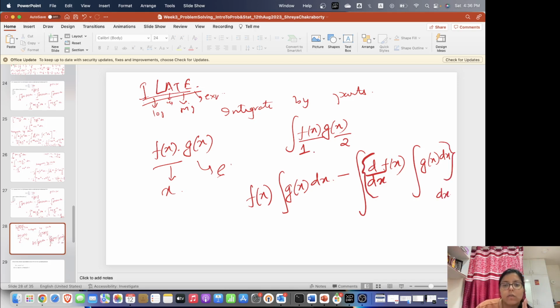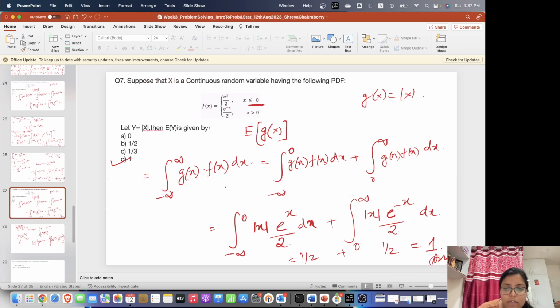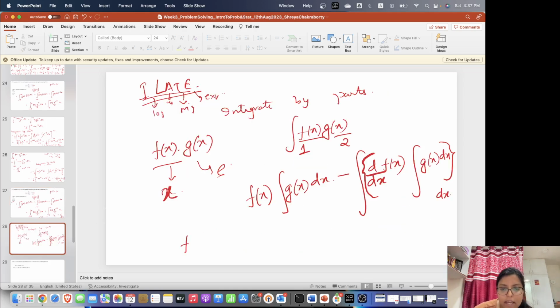So here we had some terms involving x and some terms involving the exponent. Our first function f(x) was x and g(x) was, depending on the case, e to the power minus x or e to the power x.